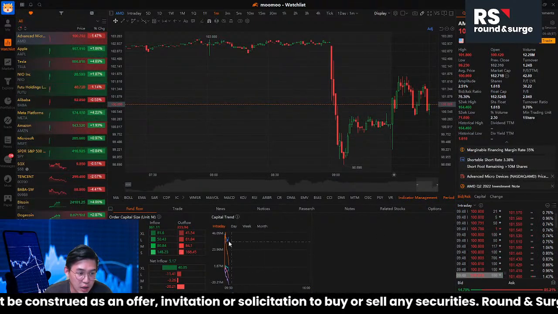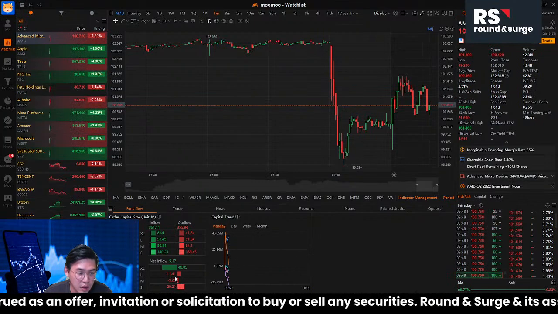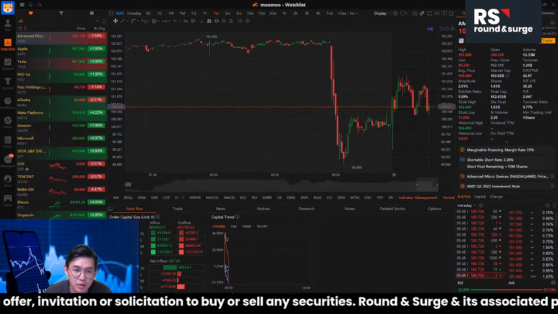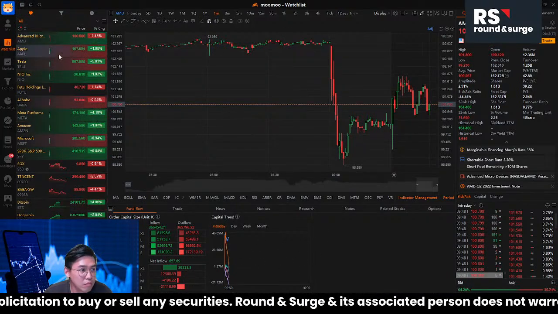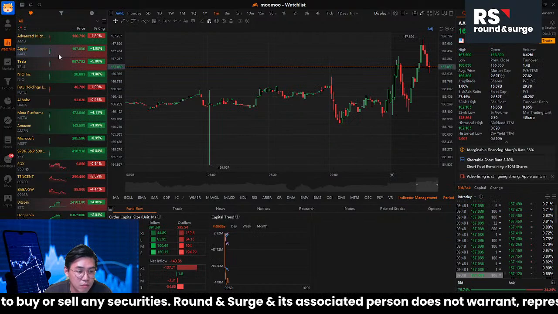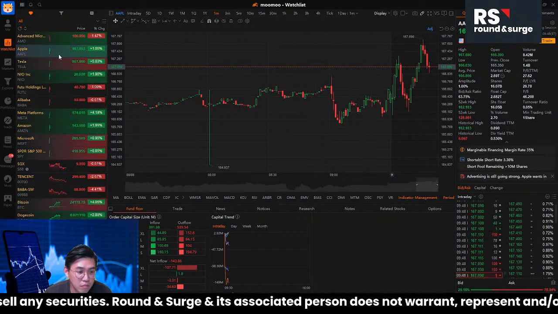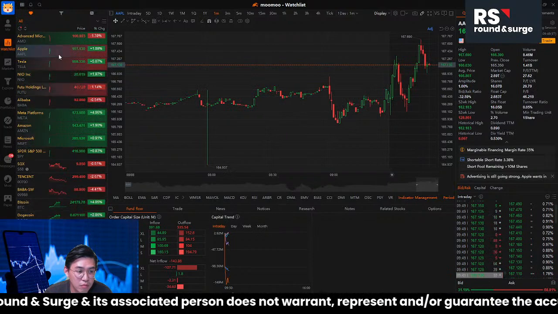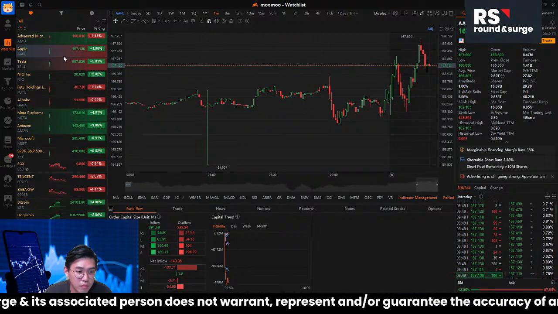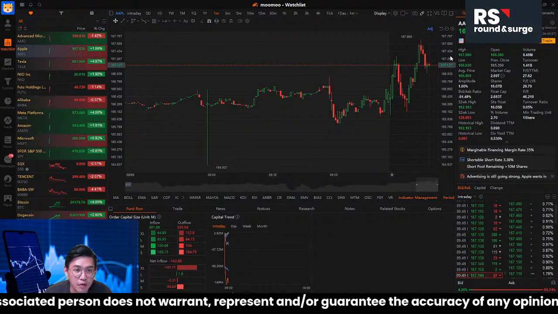Large flow is coming in, but the small one is actually flowing out. Overall is throwing out from here.